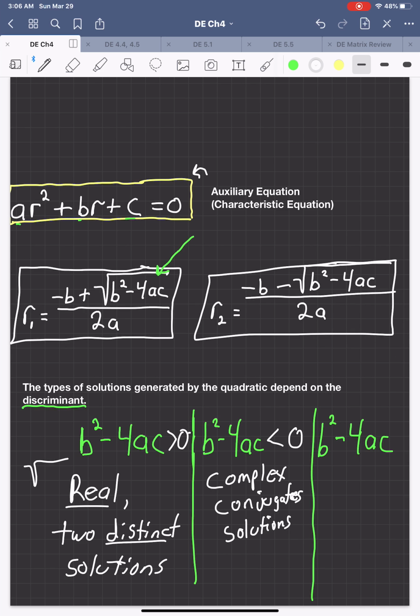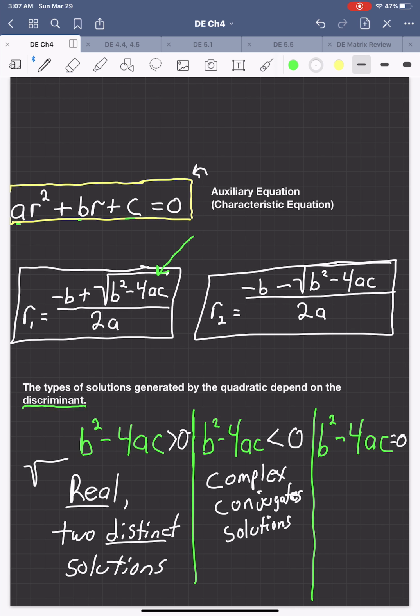And then finally, what if it actually equals 0? Well, of course you can take the square root of 0. You don't need imaginary units to be able to do that. You don't need complex numbers.